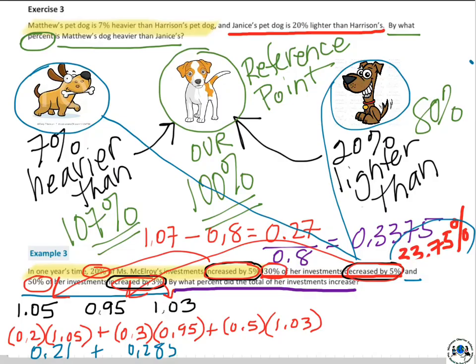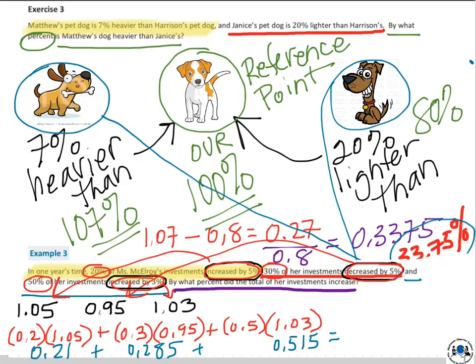Okay, then I get 0.285 for my 30%, and then that last 50% gives us a factor of 0.515. Okay, now if we go ahead and add all of these up, and again, these are all percentages.